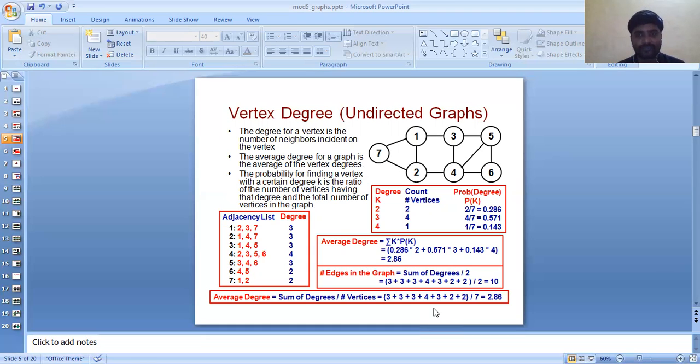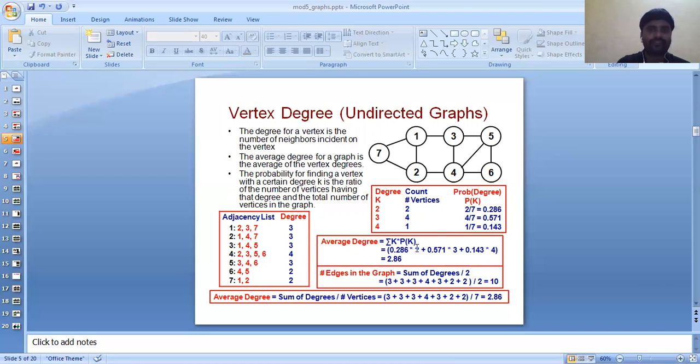So here is the representation of the undirected graph. Here is the degree, that is a count value, and a probability of degree value, k, with P of k equal to 2 by 7, 2 by 7, 4 by 7, and 1 by 7, that is the values change from 0.286 to 0.143.